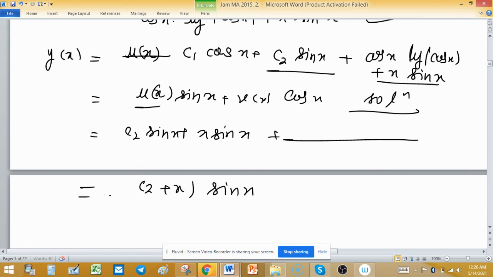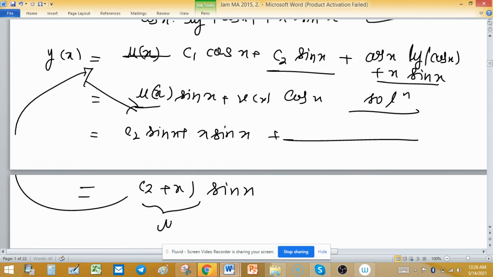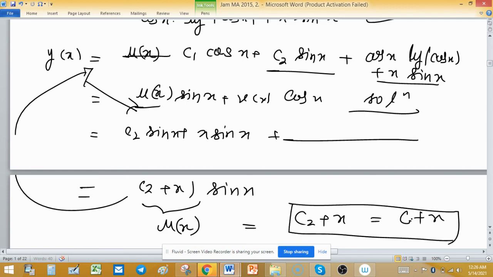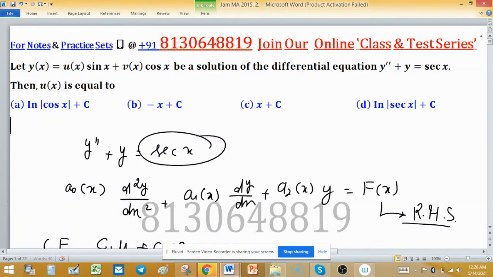Comparing with the given solution, u(x) sin x, this is our u(x). So u(x) is c2 plus x. Since c2 is a constant, we can write another constant as C, so the value of u(x) is C plus x or x plus C, so option C is the correct choice.